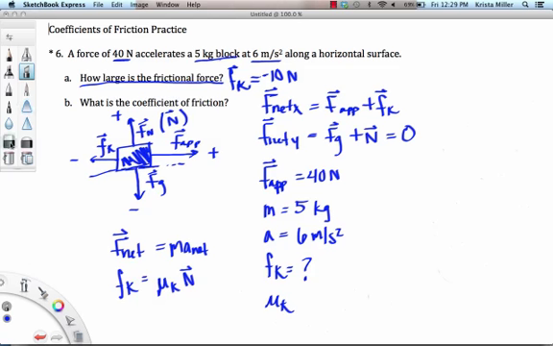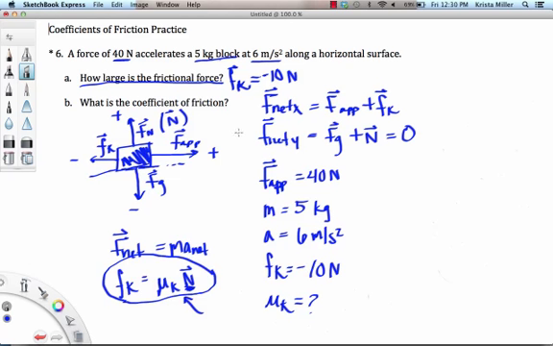Let's clarify down here that we've found that F sub k was negative 10 newtons. If we're trying to find mu sub k, we have the coefficient of friction equation and the kinetic friction equation. What we're trying to really find is this, so we need the normal force. Right now we don't have the normal force, but we have enough information to figure it out.